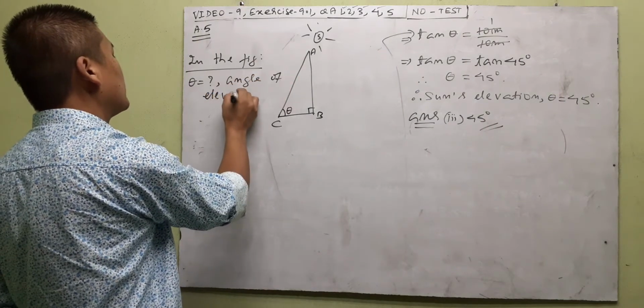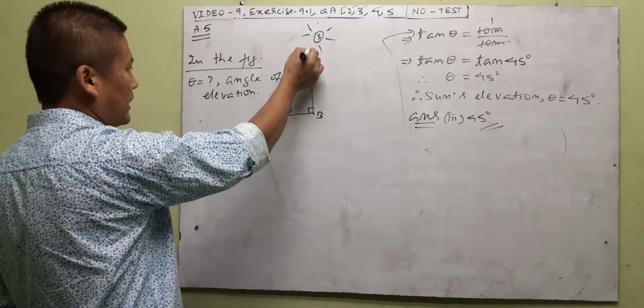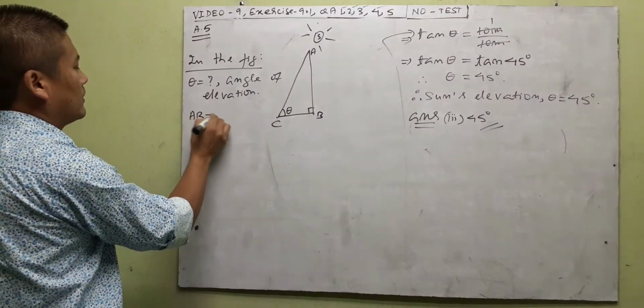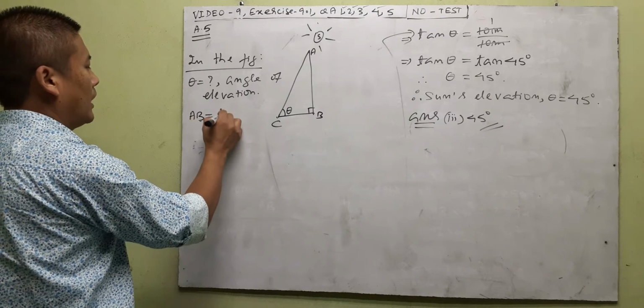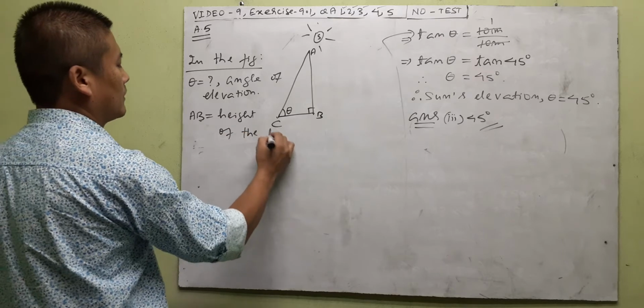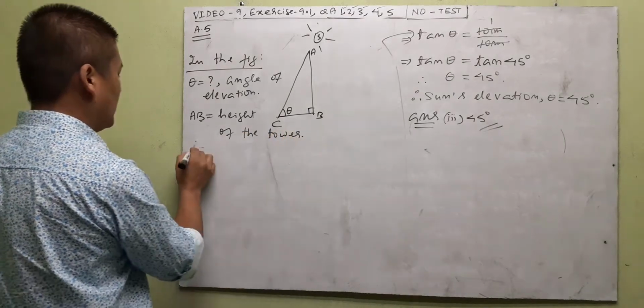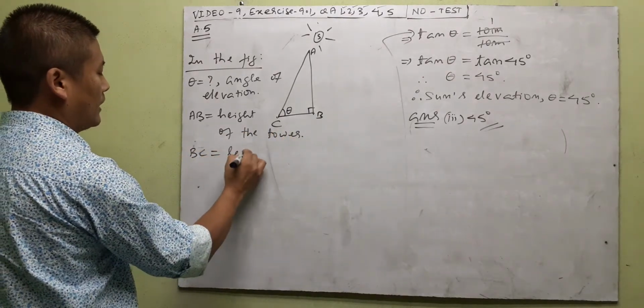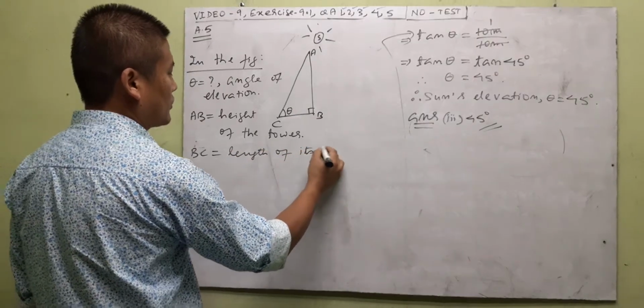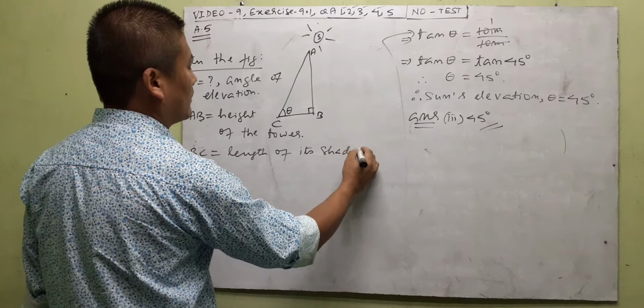That means the elevation of the sun. That means the angle made by the sun ray with the ground. Okay, and then AB is equal to height of the tower, and BC equal to length of its shadow, that means the shadow of the tower.